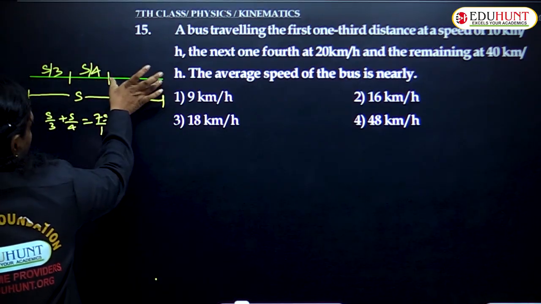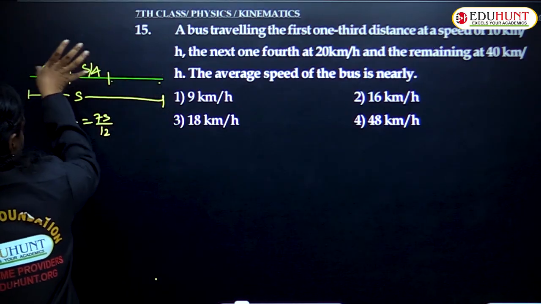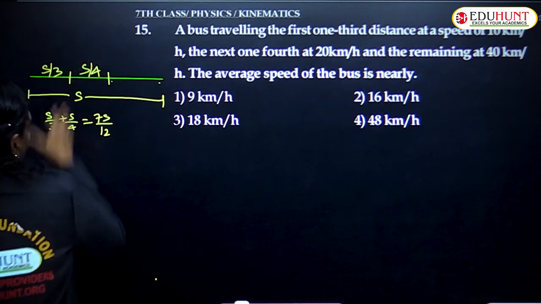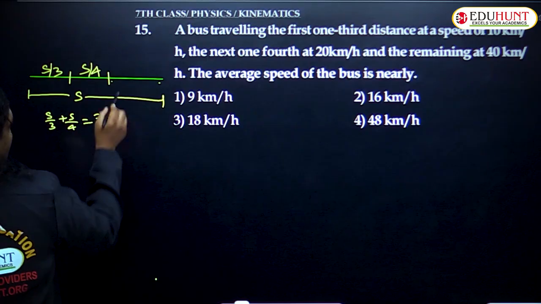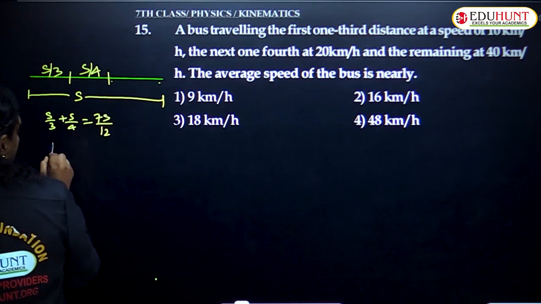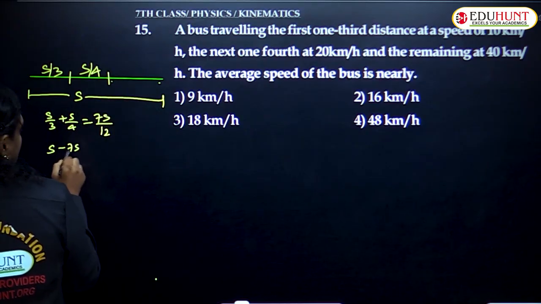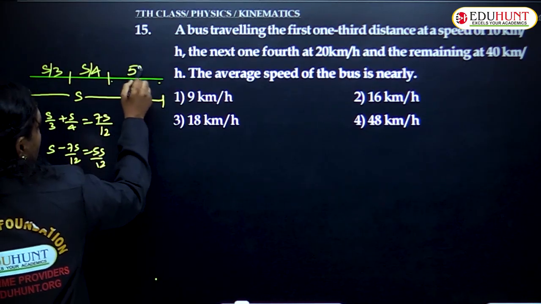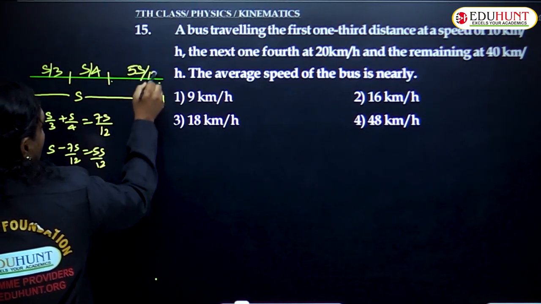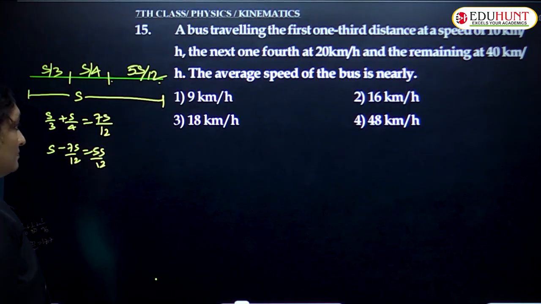In order to get this remaining distance, you have to subtract this distance from the total distance. What is this distance? 7S by 12. Hence, the remaining distance would be S minus 7S by 12, and this is equal to 5S by 12. So, the remaining distance was found to be 5S by 12. Okay.